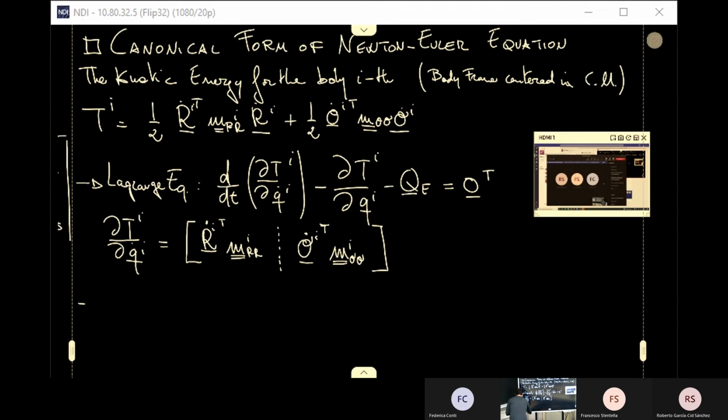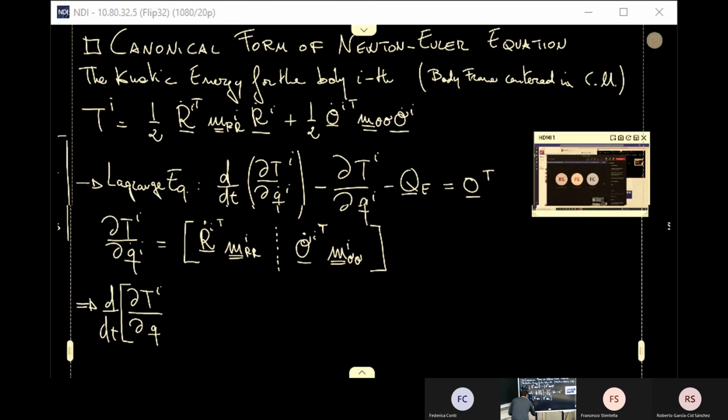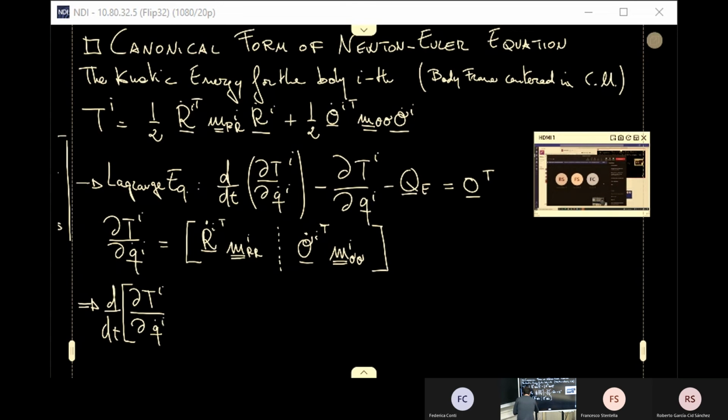Then we also apply the derivative with respect to time. So we just do the derivation again. As we have said, the submatrix of the mass matrix corresponding to translation is constant, so we don't have any dependence on time.